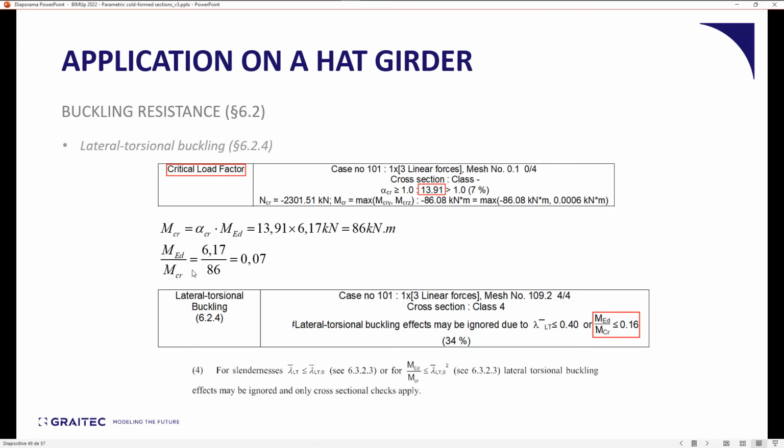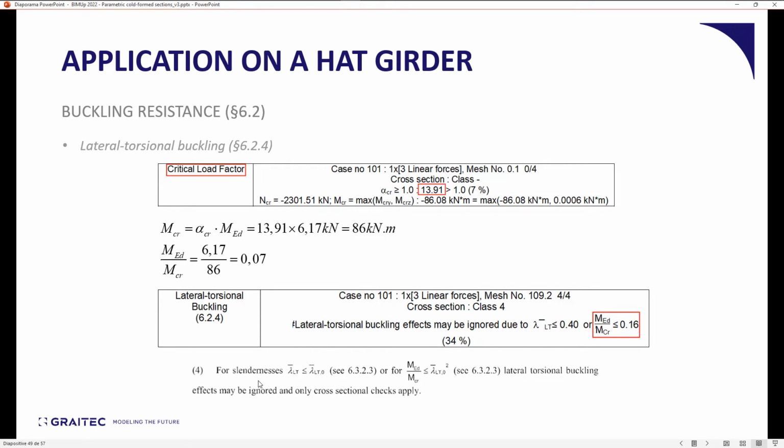And we can compare it with the initial design moment, and because the design moment is way smaller than the critical moment, the ratio is only 7%, and because it is below the limit of 16%, in this case you can safely ignore the lateral torsional buckling effects.